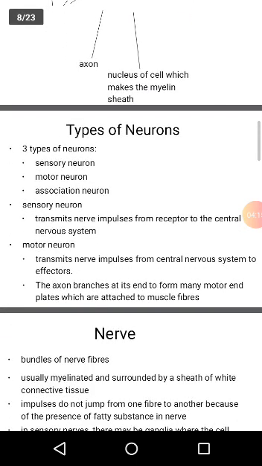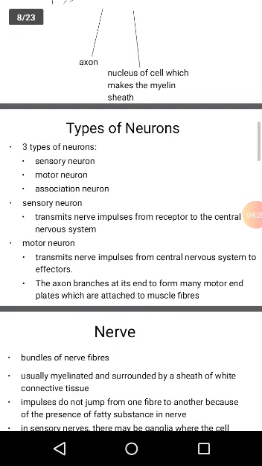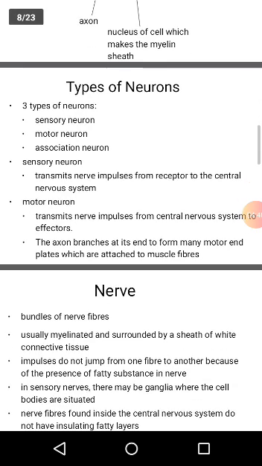In the human central nervous system there are three types of neurons: sensory neurons, motor neurons and association neurons. Sensory neurons transmit nerve impulses from the receptors, that means from the sense organs, to the central nervous system. Motor neurons transmit nerve impulses or messages coming from the central nervous system to the effector, which has to respond to that stimulus or change.